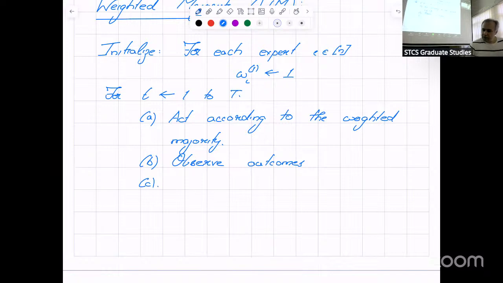And then we are now going to update weights.